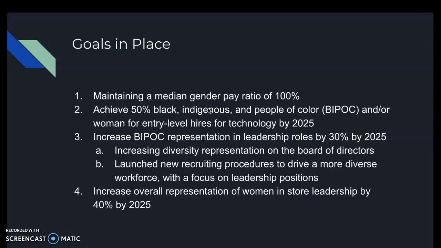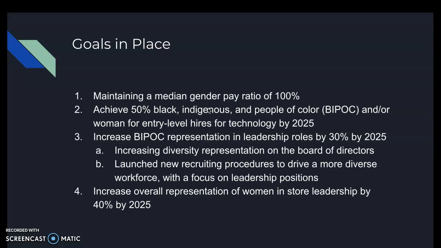The goals in place to do this are maintaining a median gender pay ratio of 100%, and achieving 50% Black, Indigenous, and people of color and/or women for entry-level hires for technology by 2025. This is one of our long-term goals also. Next, increase BIPOC representation in leadership roles by 30% by 2025.